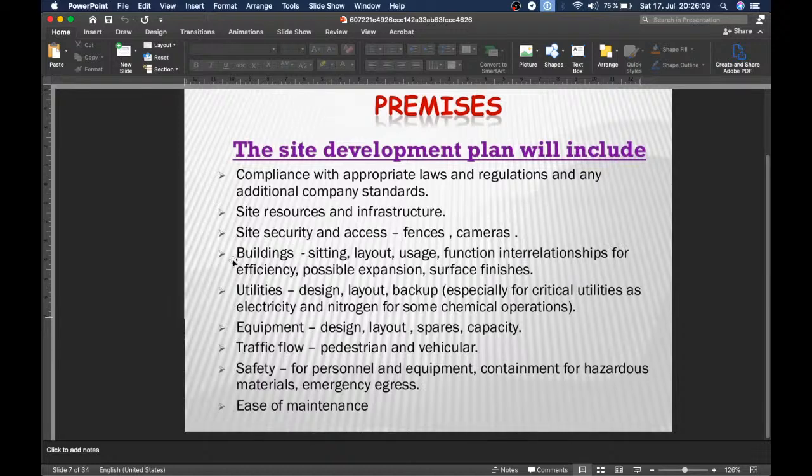The government people take ages to come and start to repair, and then they make a bill. It takes like 1 week or so, and by that time there will be a lot of loss from the production side. It could be a loss of millions if the electricity goes or some fault occurs in the incoming water, raw material, or transportation, or any trouble. So there should be ease of maintenance in that sense also.